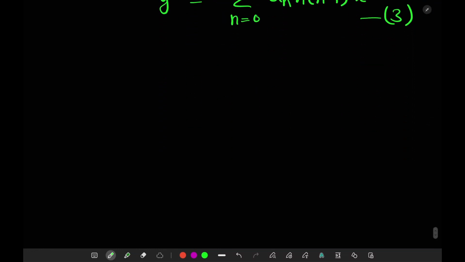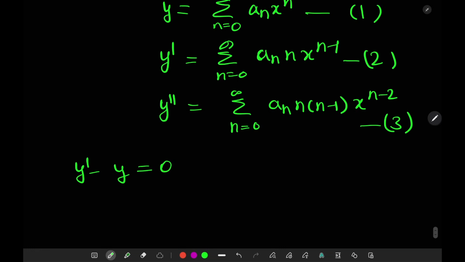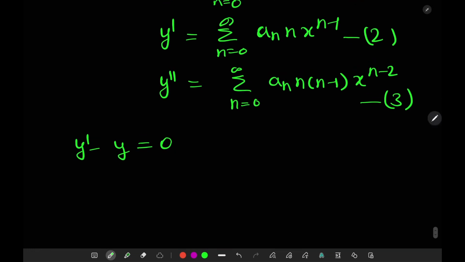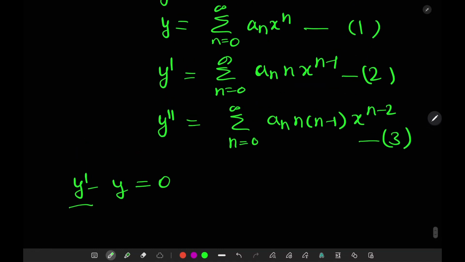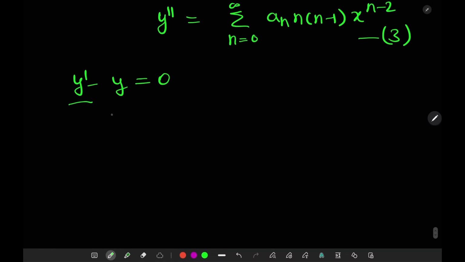Let's take an example. Using these three equations, but in this question only y dash is available, so we use the first and second equations for solving this equation.